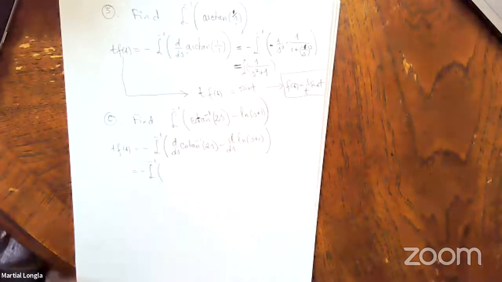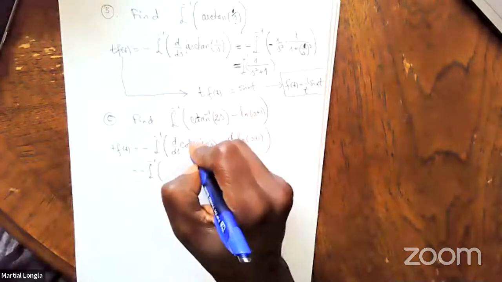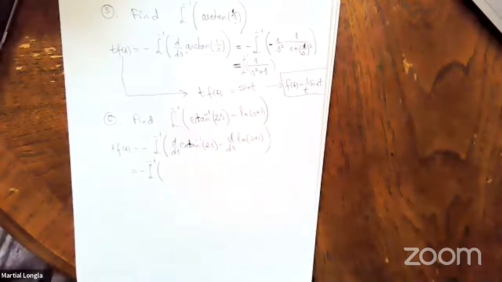And then after that, I'm lost. You got a problem with the cotangent minus 1 derivative. So how do we find the derivative of cotangent?